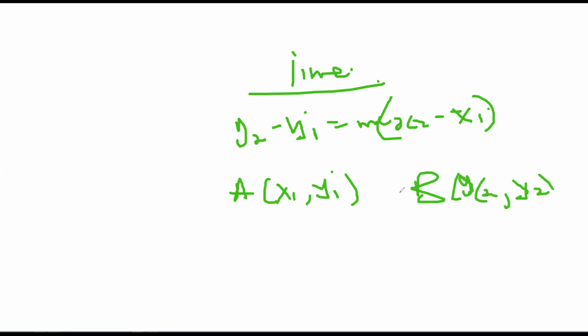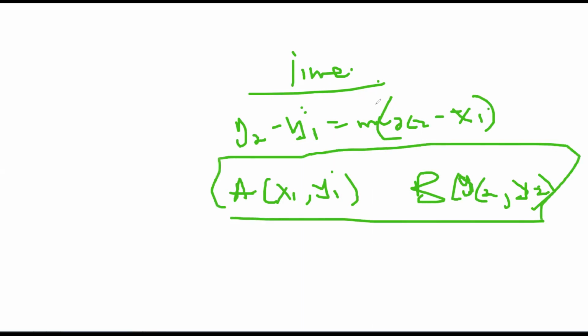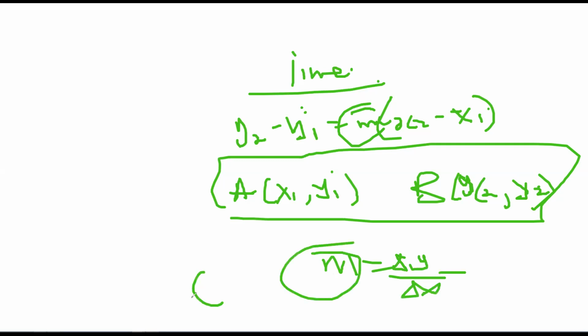And then y2. Now that you're given these 2 points, you can define a line, you can get the gradient. The gradient is just the change in y over change in x. Nothing hectic. You can still use this gradient to get the angle. The angle tells you how strong your trend is.